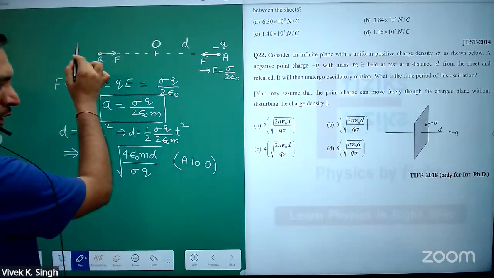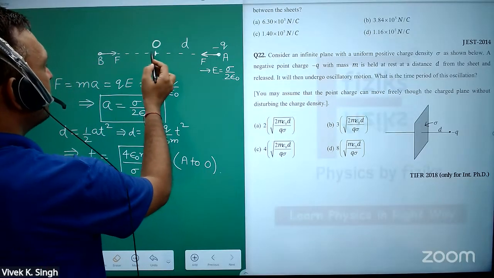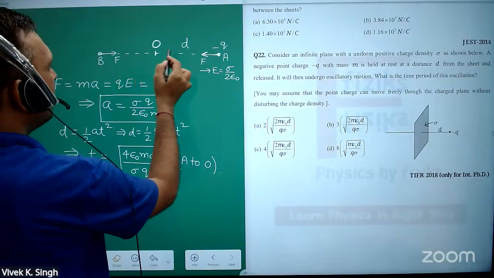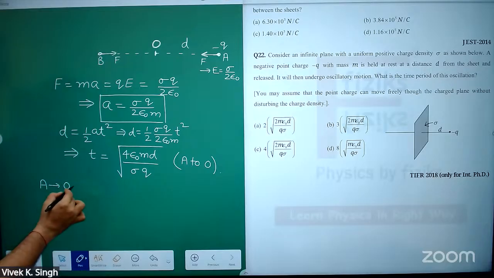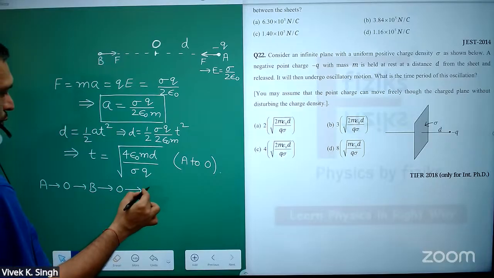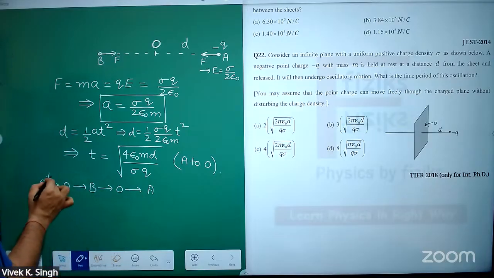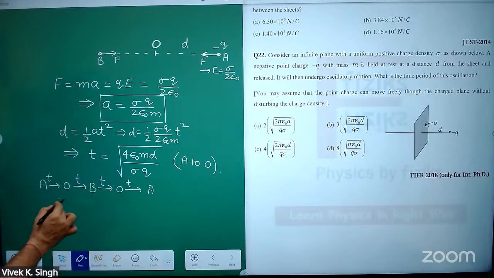So you have to find the total time. It will take t time here, then t time to return to O. So the total path is A to O, then O to B, then B to O, then O to A. Each of these times is t, so this will give you the total period.